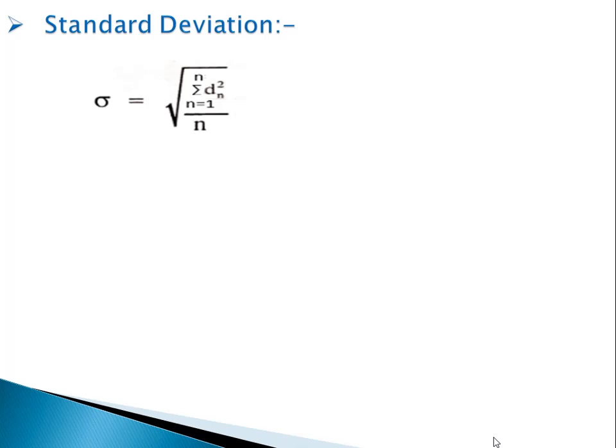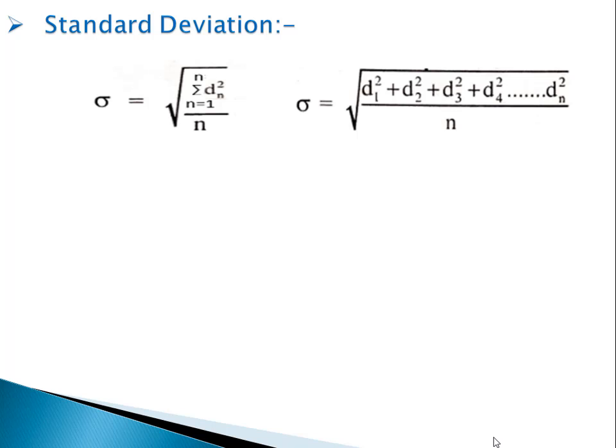Now the next term is standard deviation. Here we know that standard deviation is denoted as sigma, so that sigma is equal to square root of summation dn square, where n is varying from 1 to n, divided by n. This equation can be rewritten as sigma is equal to square root of d1 square plus d2 square plus d3 square plus d4 square up to dn square whole divided by n.